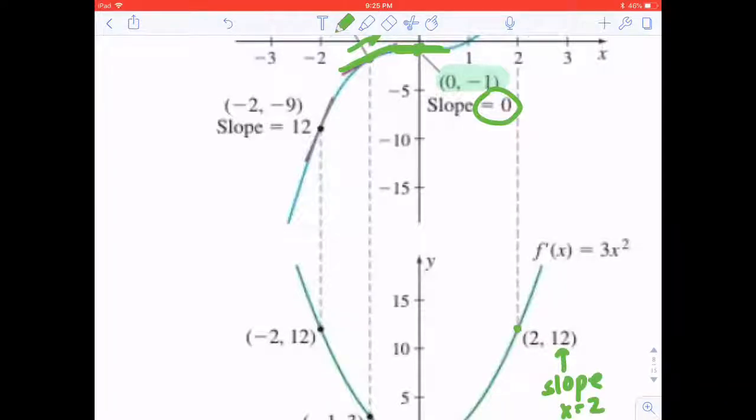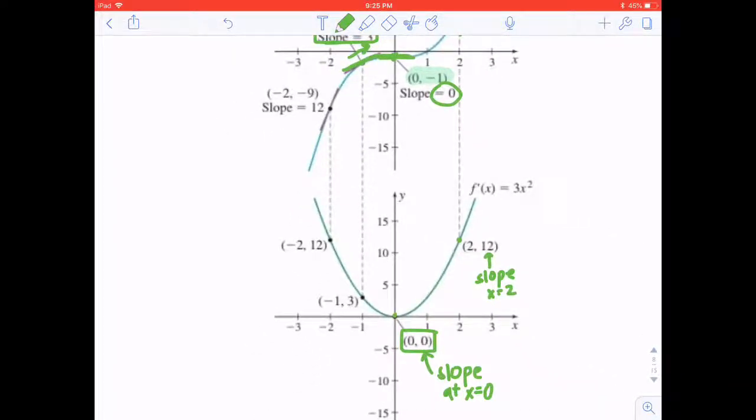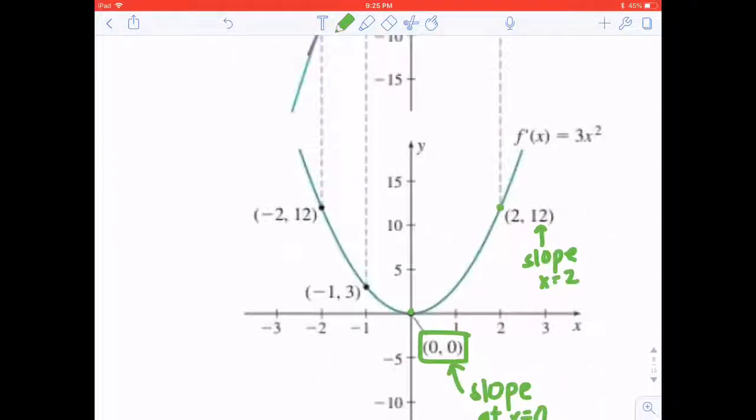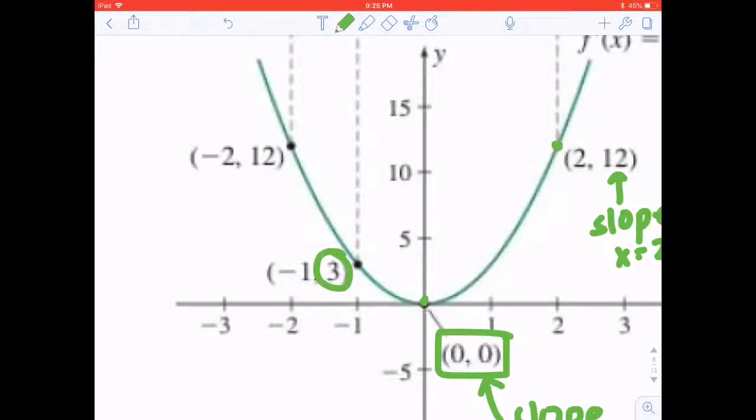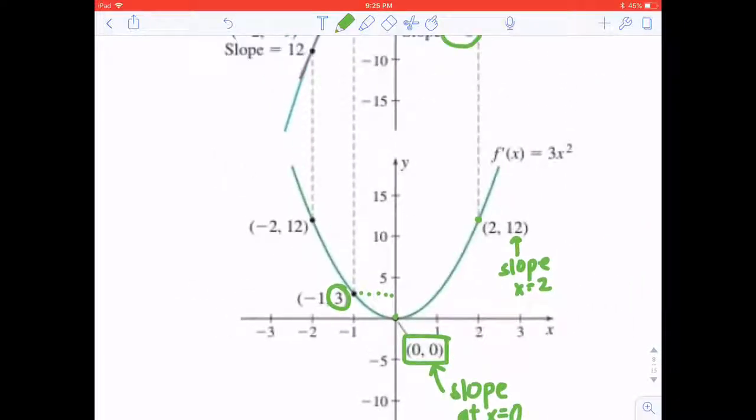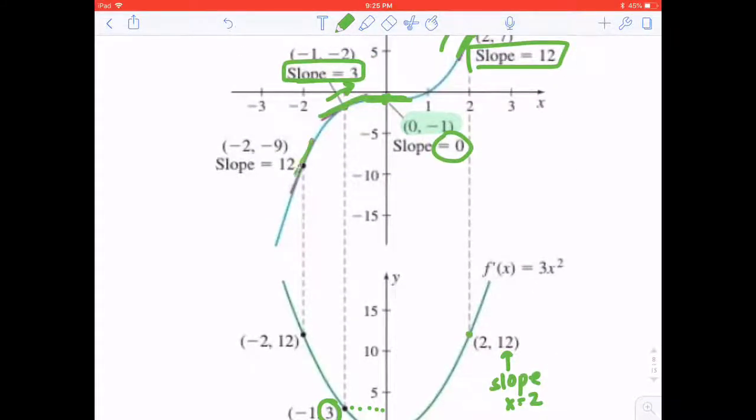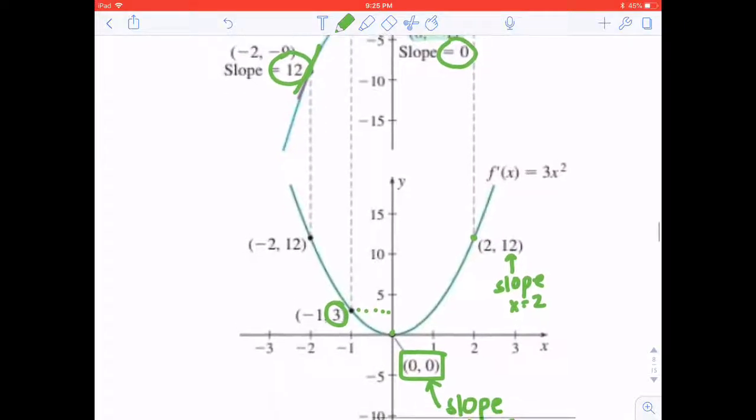So for our derivative function, we can see that when x is -1, the slope is 3, and that's the y value here of the function. Same thing here. We can estimate this to have a slope of 12. So then when x is -2, our slope is 12, and it creates this point on the derivative function.